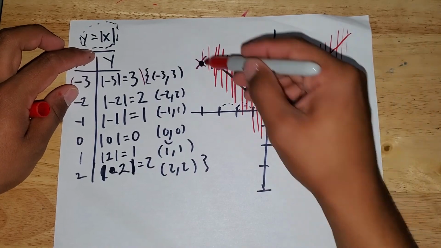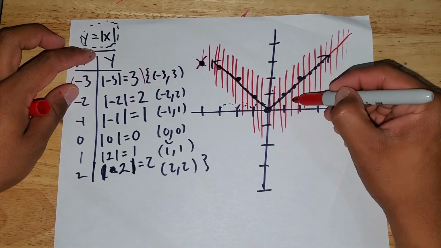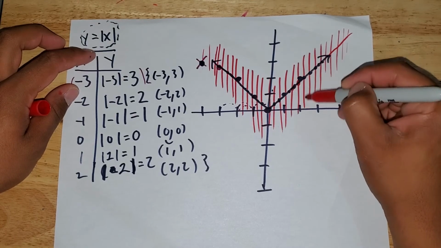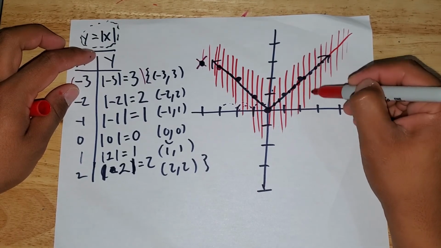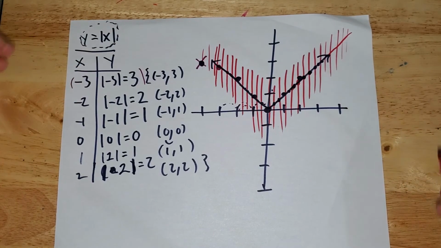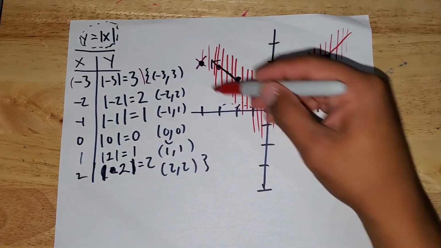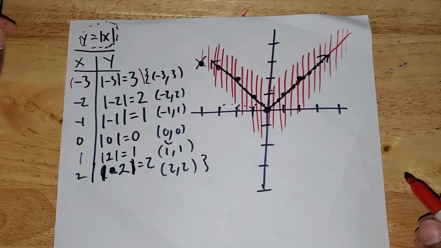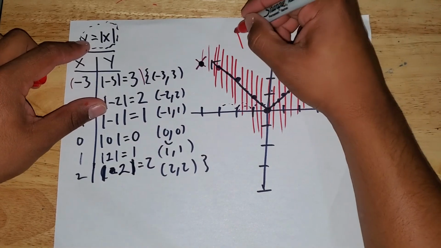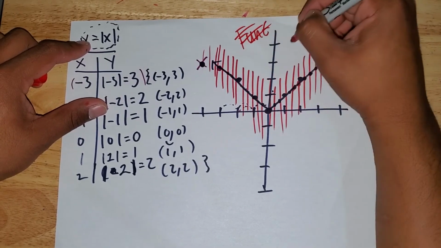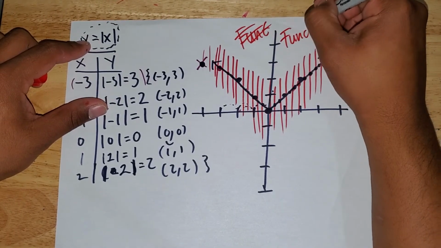For that one line, there's only one intersection. For this one line, there's only this intersection. For this line, there's only this intersection. So that means anywhere on this graph, it's only going to intersect once. Meaning that this is a function.